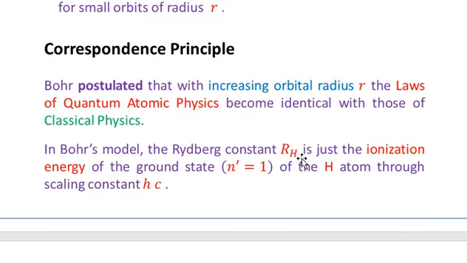So if we multiply the Rydberg constant RH with the scaling factor hc, we will get the minimum sufficient energy required to ionize the electron in the hydrogen atom when it exists in the state n prime equal to 1, that is the ground state of the hydrogen atom. Here h is the Planck's constant and c is the speed of light in vacuum.